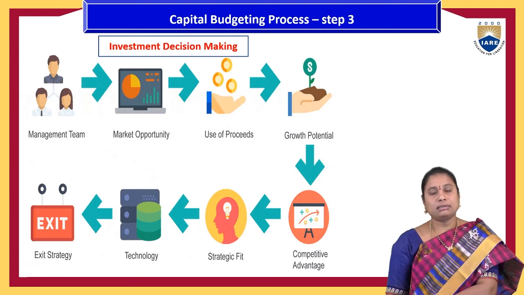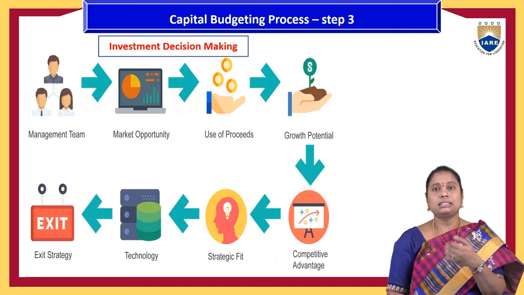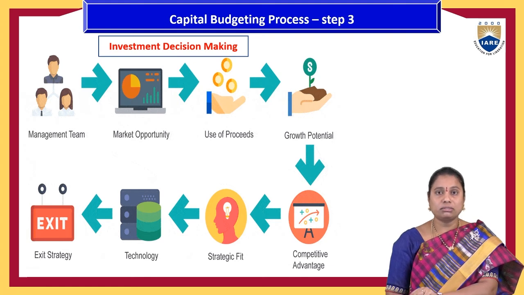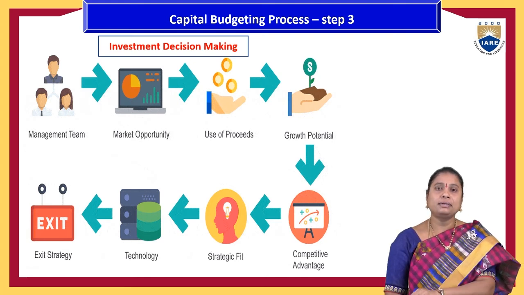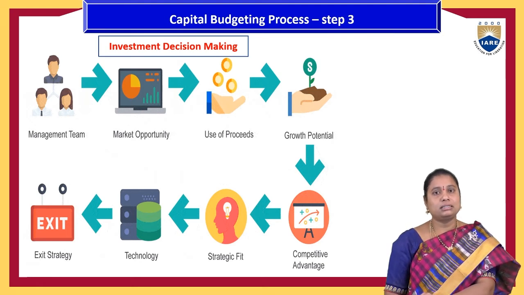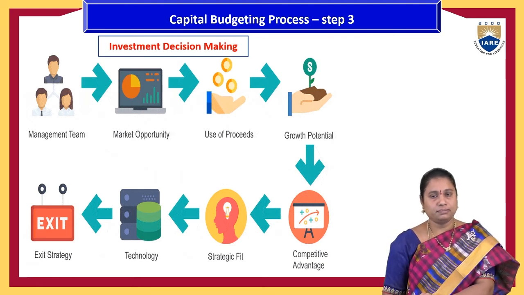Is it really going for the growth perspective or not? And when compared to the competitors, is it going to give a benefit or not? Strategically, is it beneficial or not? Technologically fit or not? And how to exit if any losses come? What is its impact? That decision is going to be taken by the management team as the third step of capital budgeting.